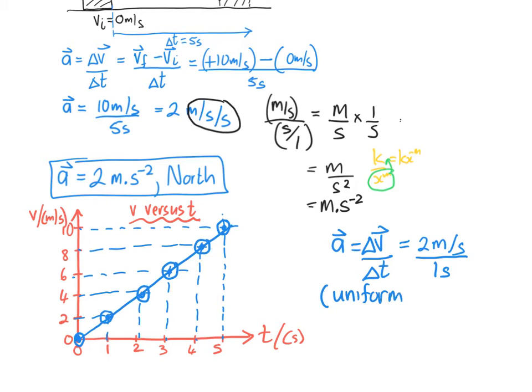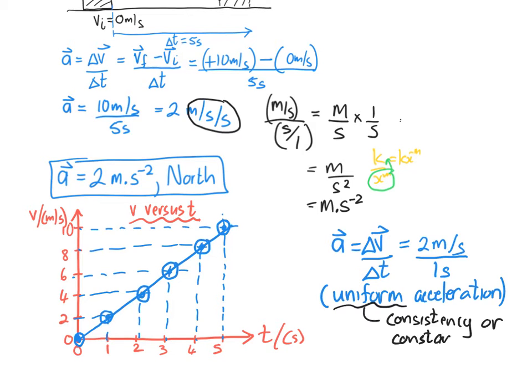represents uniform acceleration. Now, one must be careful of the term uniform. Uniform means consistency or constancy, but one has to be very well aware of what is constant here.